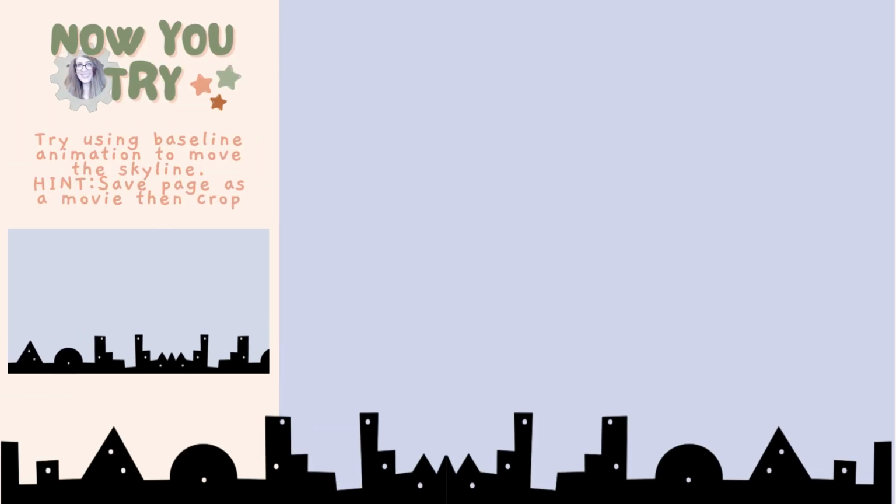This effect could also be achieved digitally, so I want to give you the chance to experience that. I set you up in Canva with a digital cityscape that's silhouetted and a background.